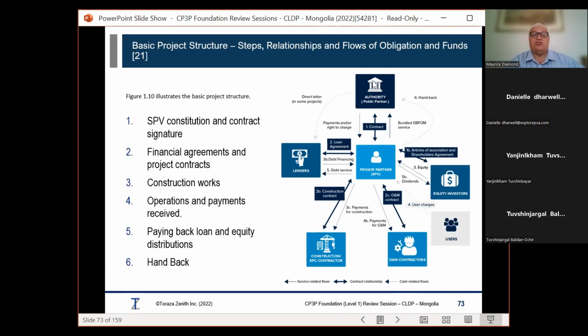After it's awarded the contract, then the bidder has to fulfill what are called the conditions precedent or precedent conditions in the contract, and that might mean setting up an SPV. When they set up the SPV, the construction company and the O&M company become equity investors.